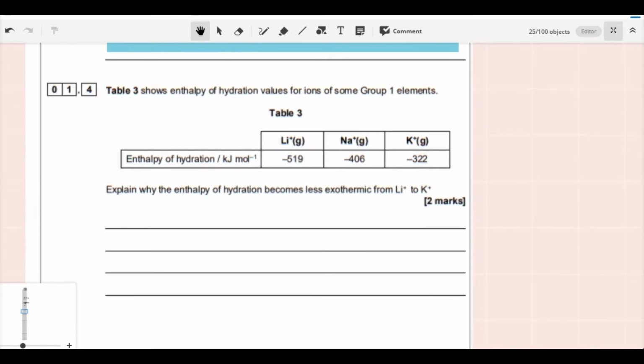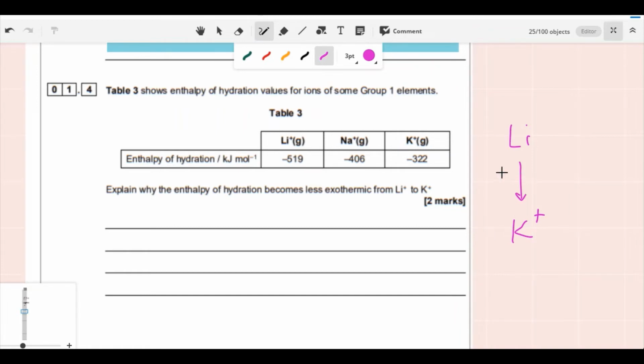So first, as we know, from top to bottom the size of the atom increases. Because the lithium ion has a smaller size compared to the potassium ion, you can say that the charge density of the ion decreases.